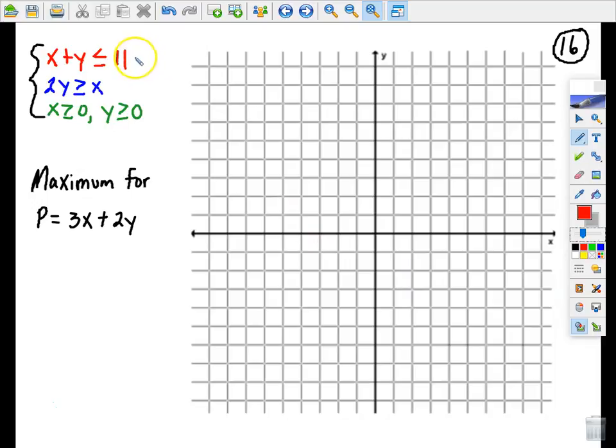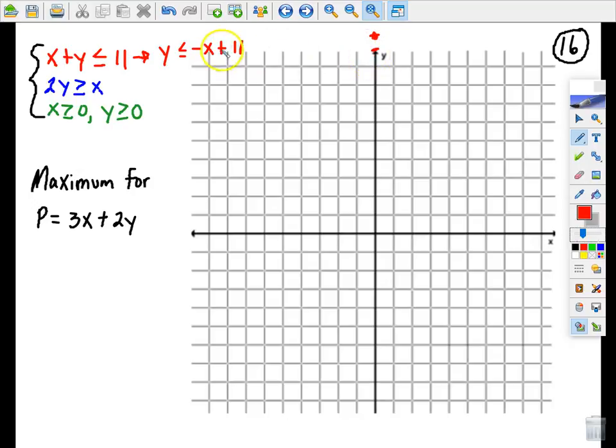So we'll start with getting the red inequality set up for graphing. So we're going to subtract x from both sides. So that gets us a y-intercept of 11. Well, this is 10, and I'm just going to make another mark to represent 11. So you won't have to change your units.